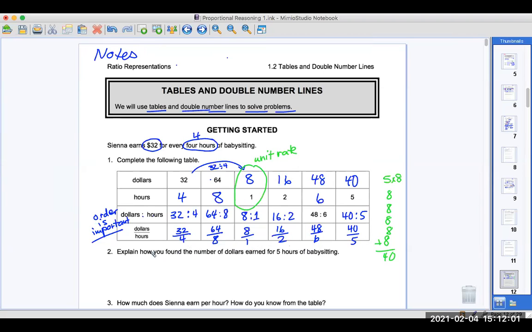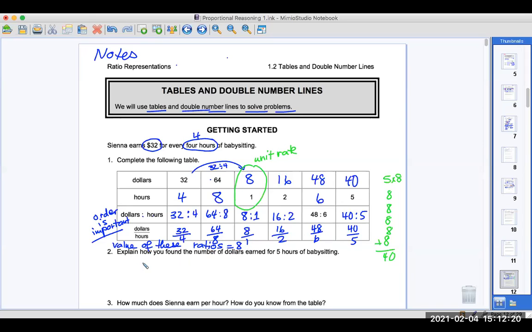So the value of these ratios, these fractions are called ratios, is always 8. Okay, and that's how you can tell if these ratios are equal.